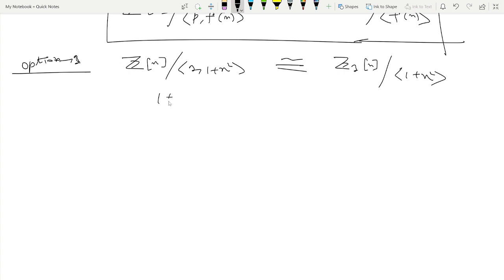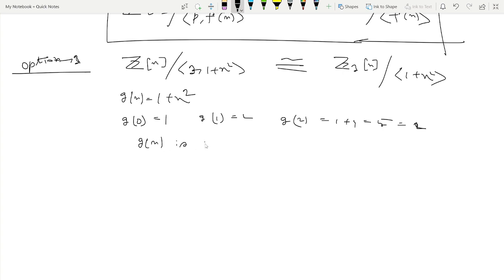Now this 1 plus x square has no root in Z3. Suppose g(x) equals this, then g(0) equals 1, g(1) equals 2, and g(2) equals 1 plus 4, which is 5, that means 2 in Z3. So this polynomial g(x) is irreducible because it has no root in Z3.